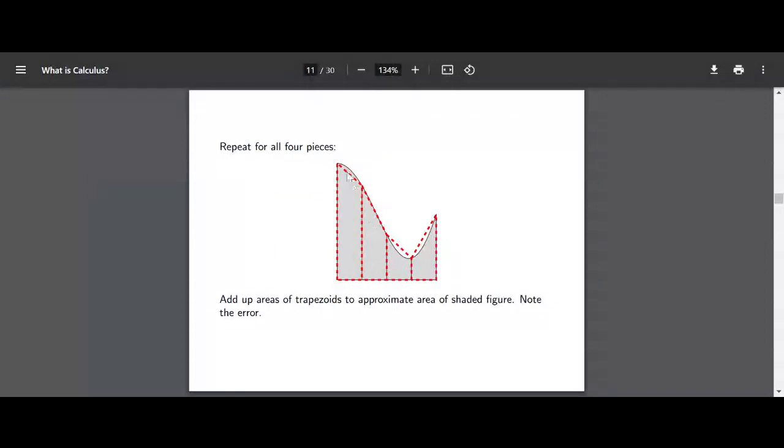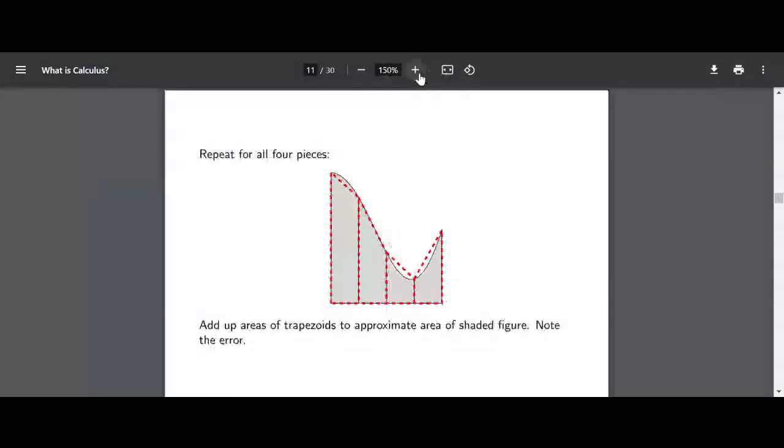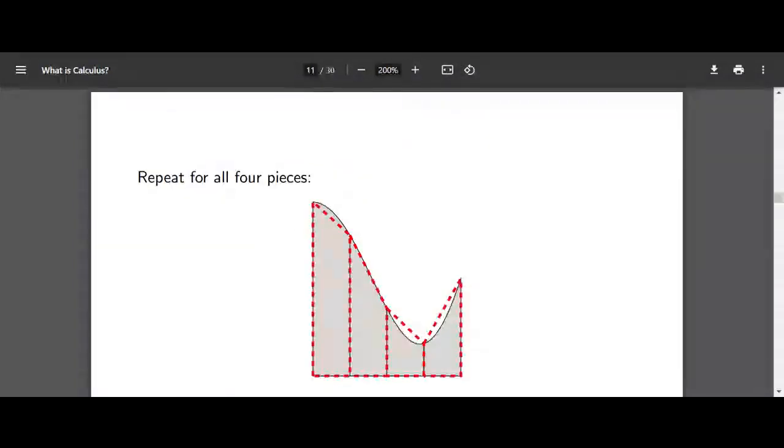And this first piece, maybe if I zoom in a bit, I don't know if you guys can see, oh, there it goes, okay. So you can see that in the first piece, there's a little bit of area that we are not covering with the trapezoid. And over here, there's some extra area our trapezoids are counting, okay?